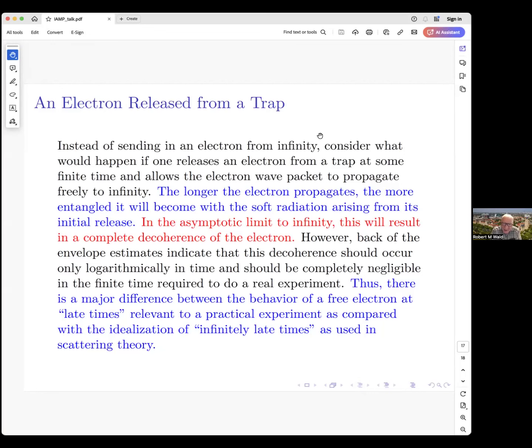The important thing is the logarithm, which means that even if you wait a billion times more than it took to release the electron, you're not getting a huge effect. The coefficient in front of the logarithm is very small in the first place. Okay.